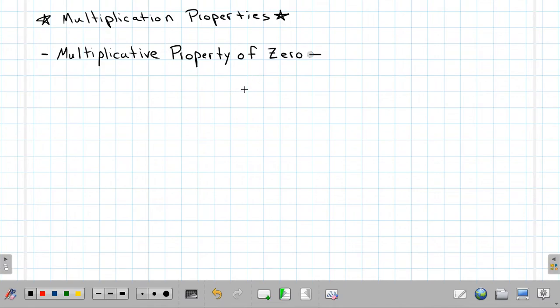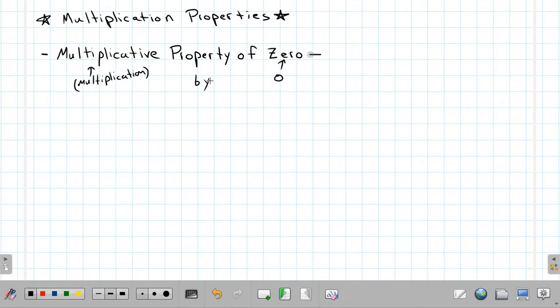The multiplicative property of 0, if you just look at the words, multiplicative means multiplication is the operation. Property of 0. In this property, we're just saying, what happens when you multiply by 0?